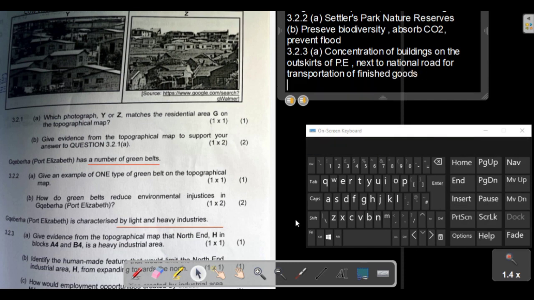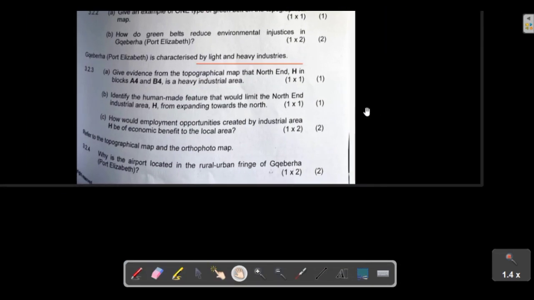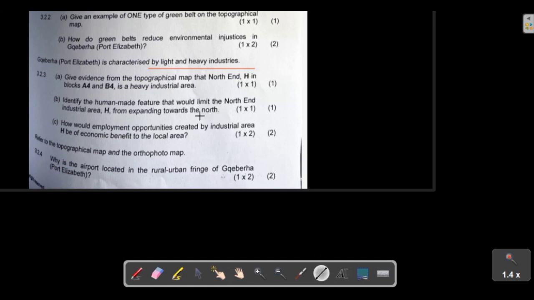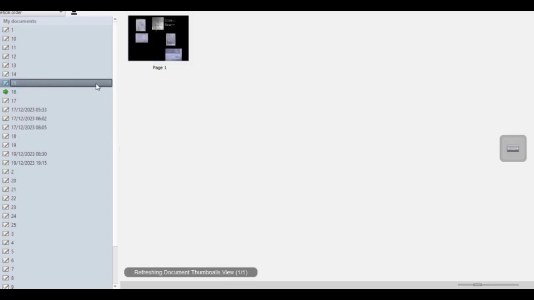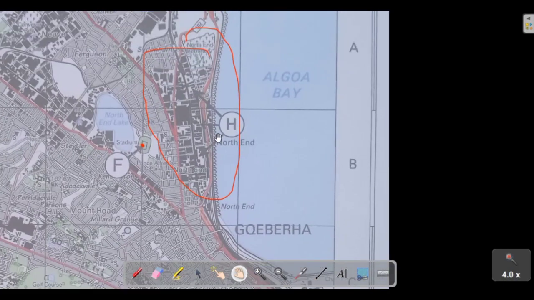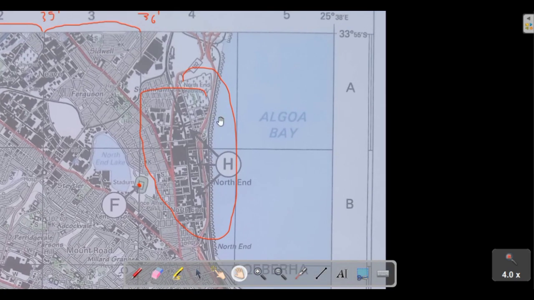Right, let's move on to B. So guys, we are moving. B says identify the human-made feature that would limit the North End industrial area H from expanding towards the north. It has to be a human-made feature that is limiting the expansion of this industrial area.